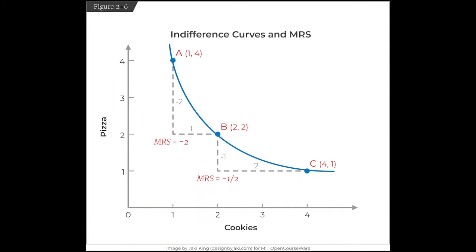The slope is -2. So your marginal rate of substitution is -2. You're indifferent between 1, 4 and 2, 2. Therefore, you're willing to give away 2 slices of pizza to get 1 cookie. Delta P over delta C is -2.